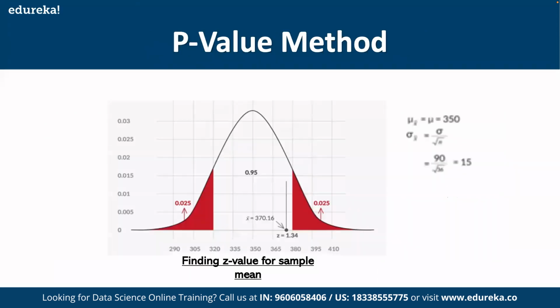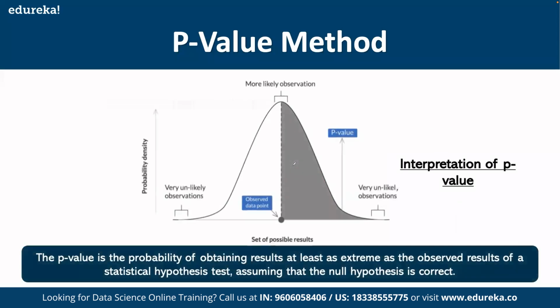In this scenario of the p-value method, first we'll find the Z value for the sample mean. Once I find the value of Z, the next thing we are going to do is get the respective p-value.